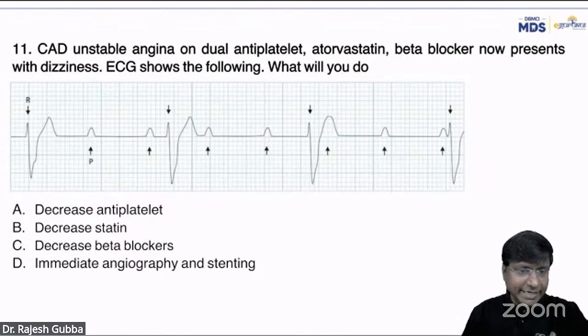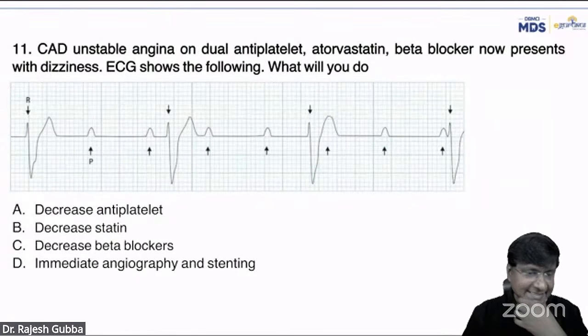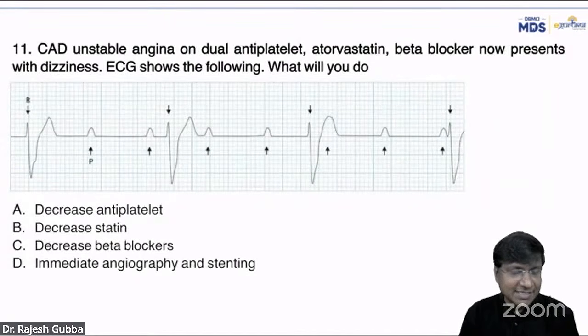I'm waiting for, no, it is not STEMI. It is not old MI. Yeah, Vidyavatri, your answer is correct, but you should tell the diagnosis of the ECG. It is not STEMI.